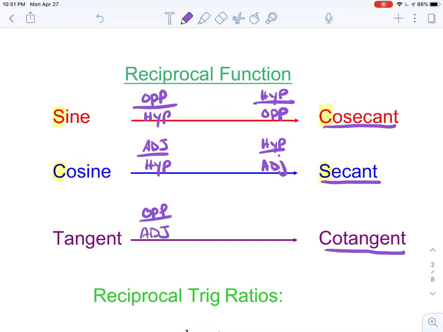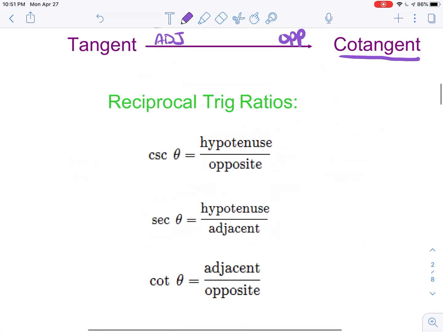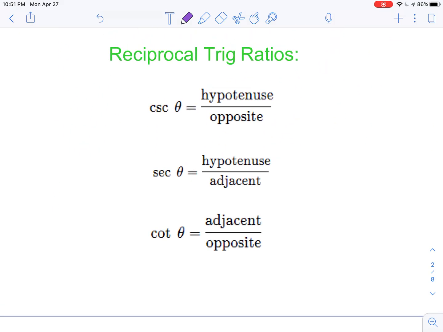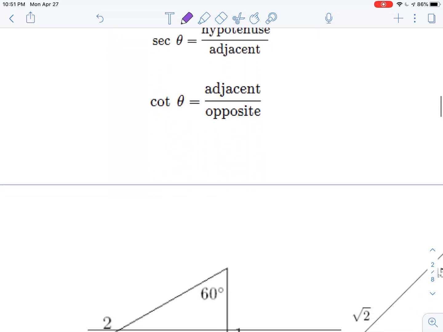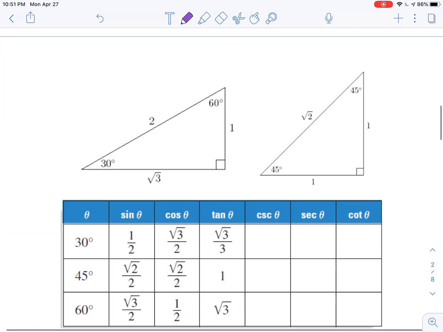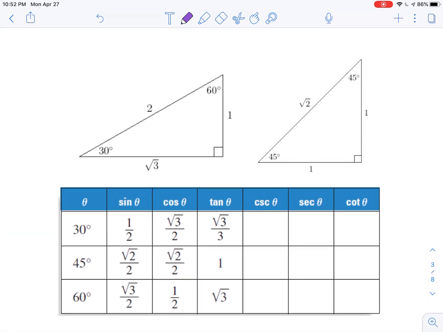And if my tangent is opposite over adjacent, my reciprocal of that is going to be adjacent over opposite. Okay, so that is one way of looking at these reciprocal trig functions, is to relate them back to the triangle and the correct sides. As long as you know which reciprocal function is related to which original primary function, these calculations shouldn't be too challenging. So let's do a few examples.